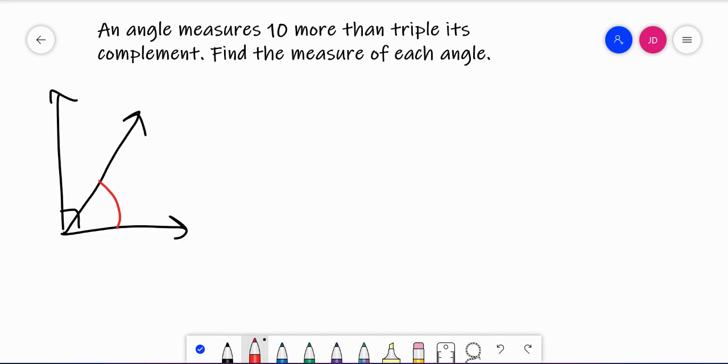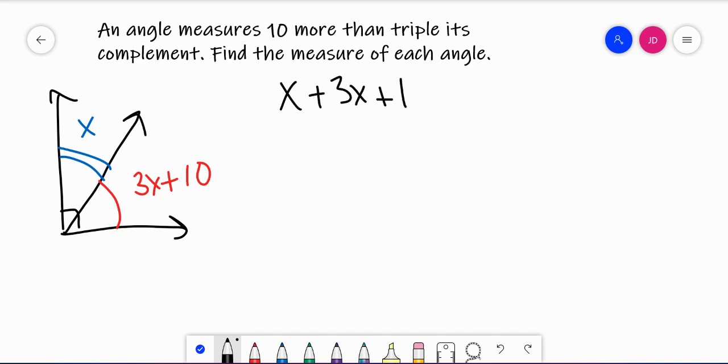This one is 10 more than triple its complement. The complement, this one right here, we don't know, is x. So I create my equation: x plus 3x plus 10 equals 90.